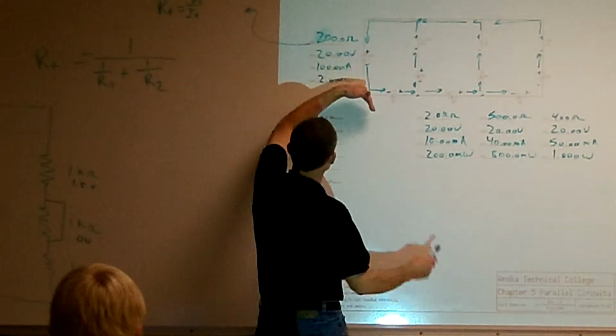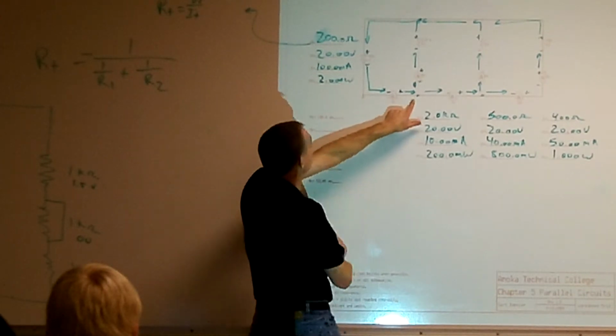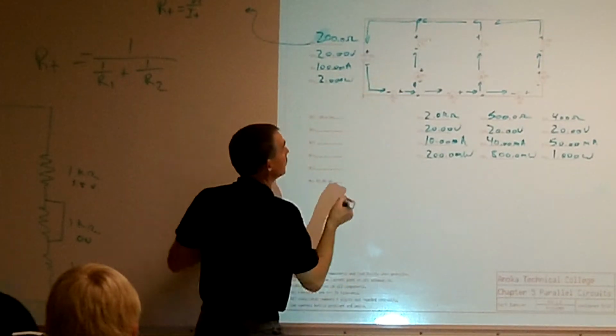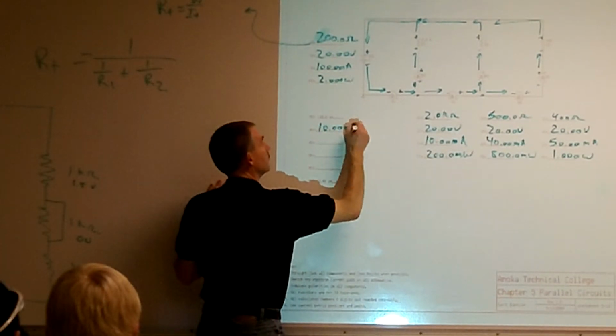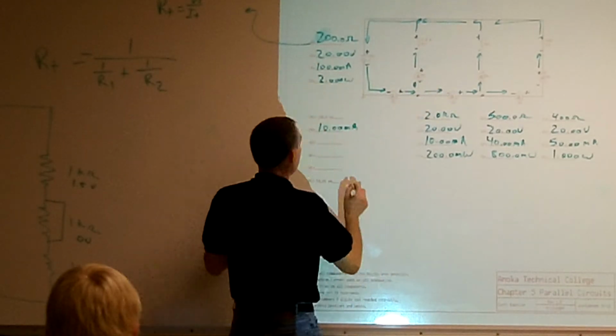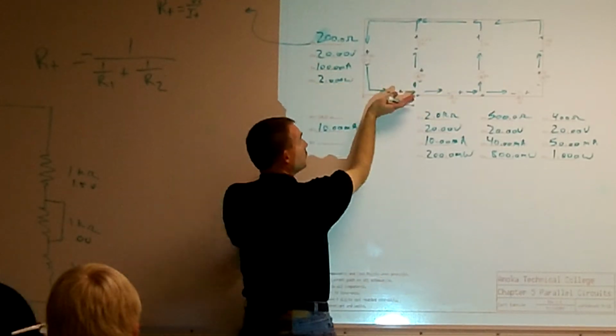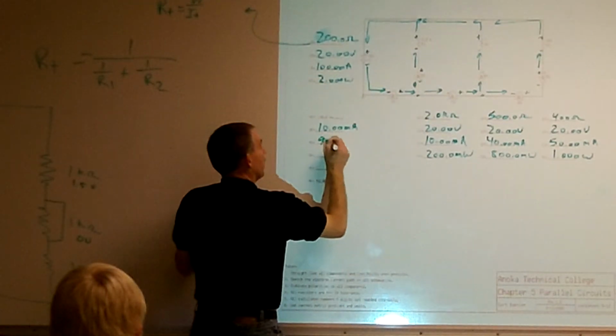I got all my current going through M1, which is 100 milliamps. Some of it's going to split up, and how much is going to go through M2? 10 milliamps. How much is going through M3? 90. 100 is going this way, 10 of it broke off, so the remainder goes through M3, 90 milliamps.